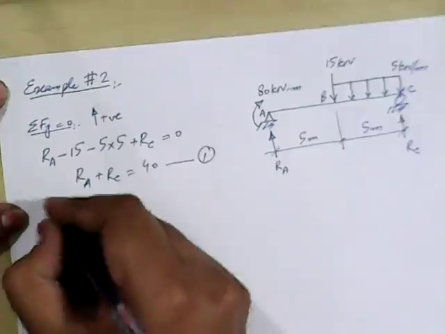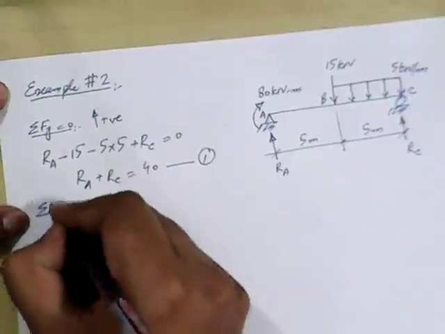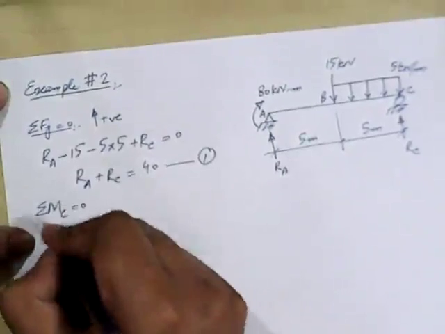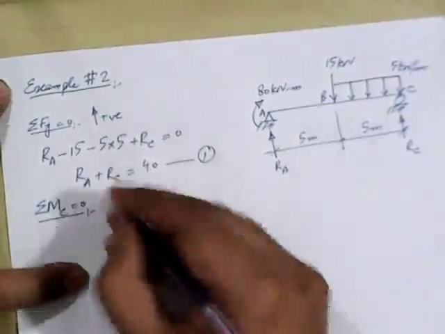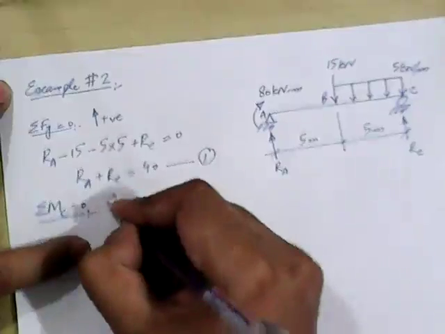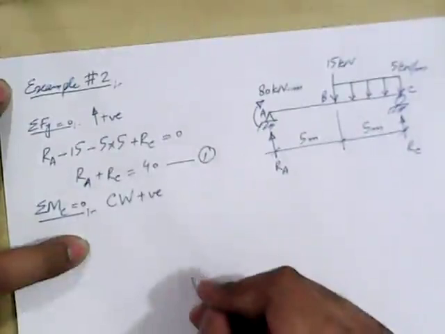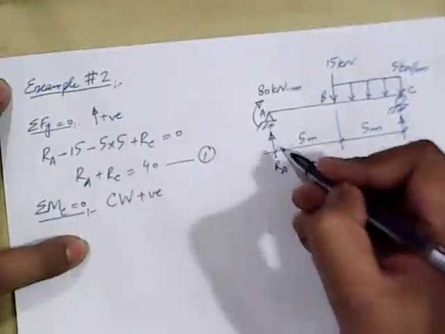So for that, we will apply the other condition of equilibrium. Let's take sigma MC equal to 0. And for this equation, our convention will be that we take clockwise moment as positive. Now let's start from this side.